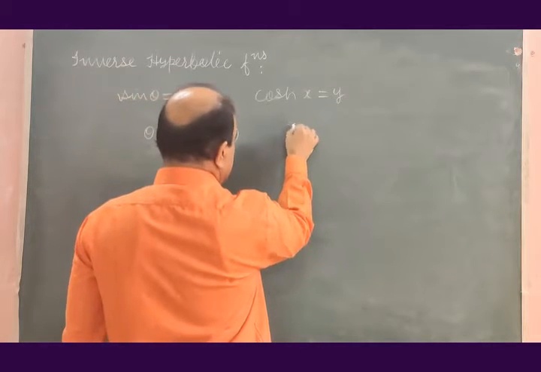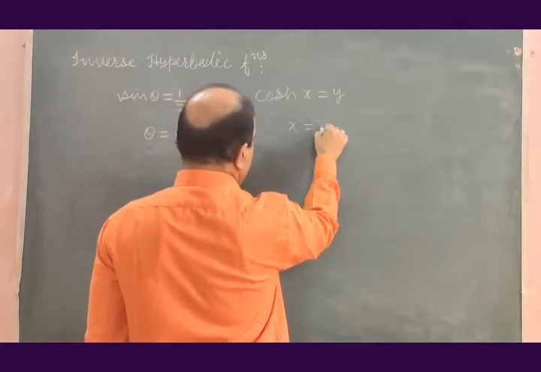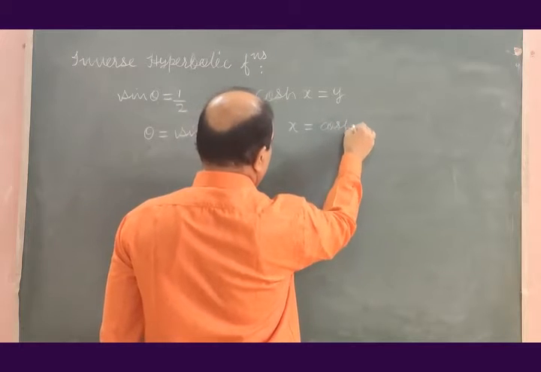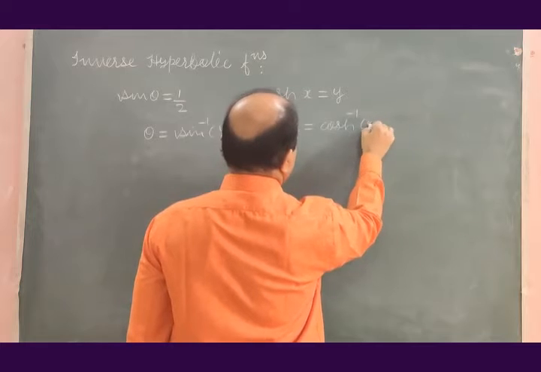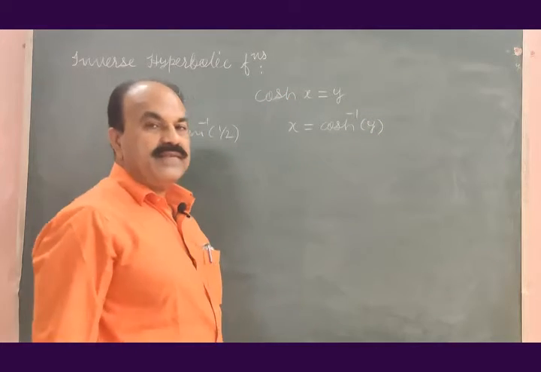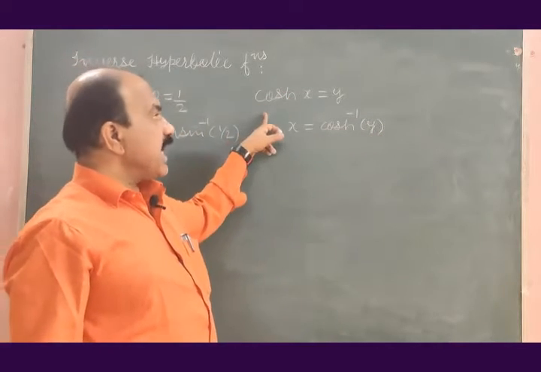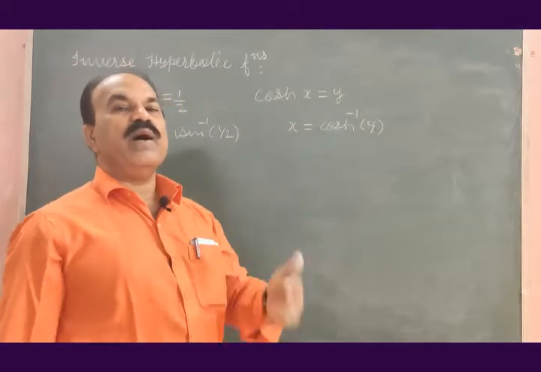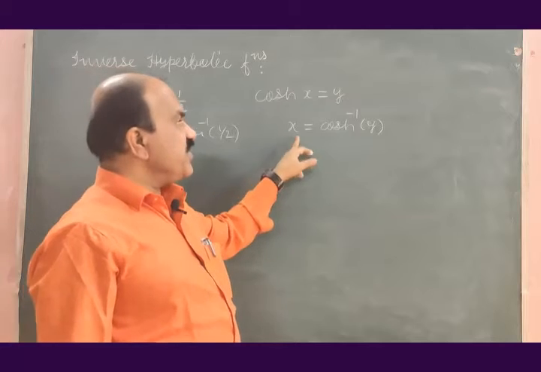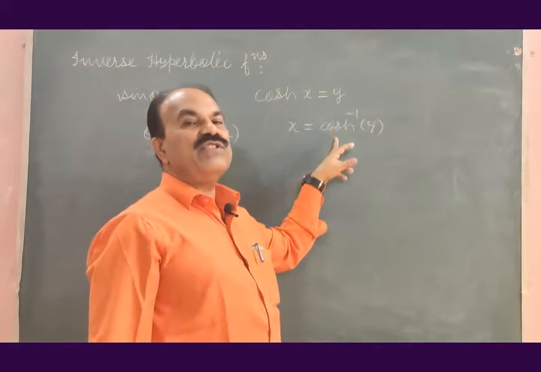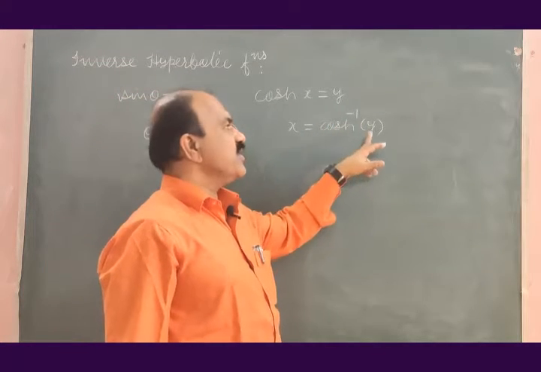Then x is equal to... If cos hyperbolic x is equal to y, it means that the argument x is inverse of hyperbolic cos of y.